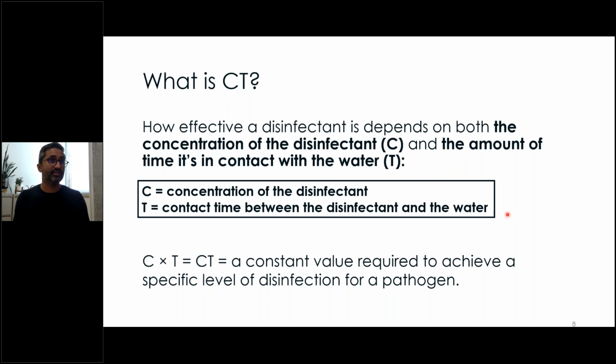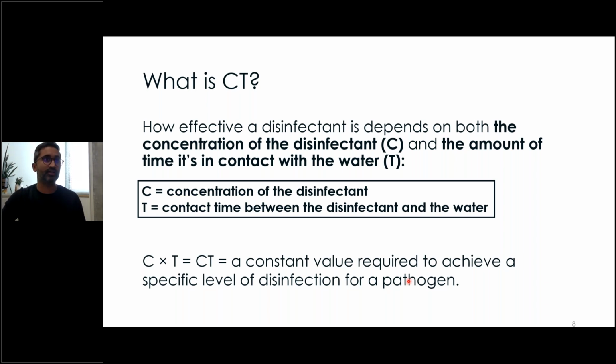And because both of these things are important, we multiply these two values and use that to come up with a new term, which is CT, a constant value that's required to achieve a specific level of disinfection for a pathogen. And so it's going to be specific to each pathogen. For example, if you look up the guidelines, and we'll look at a couple of tables in a second, you're going to see CT requirements for 3-log removal of Giardia and a different CT requirement for 4-log removal of viruses.